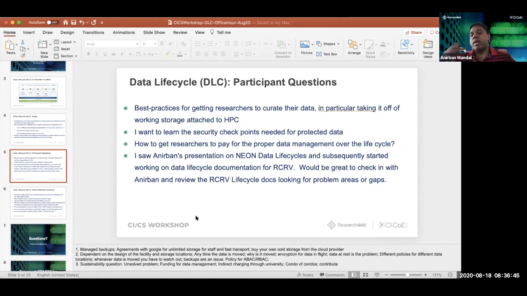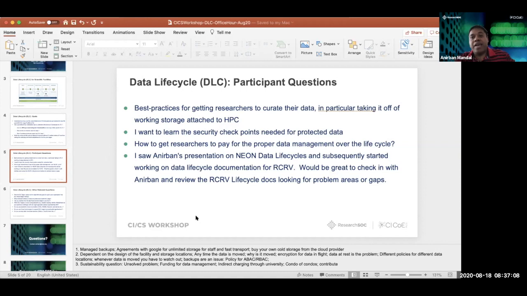Researchers are generating data, and the storage is not unlimited. At some point the scratch space fills up, and then the sysadmin comes to the researcher and says, you just need to get your data off this machine. What does the researcher do? These are some of the concerns.